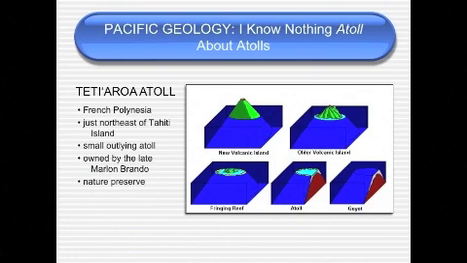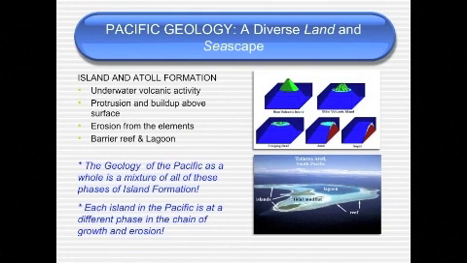Okay, so now we want to compare this to the Pacific as a whole: island and atoll formation, underwater volcanic activity, protrusion and buildup above the surface, erosion from the elements, barrier reef, and lagoon. This is the life cycle that happens.